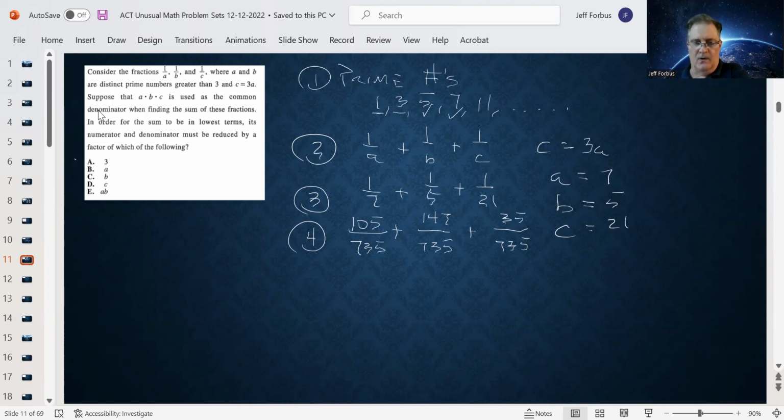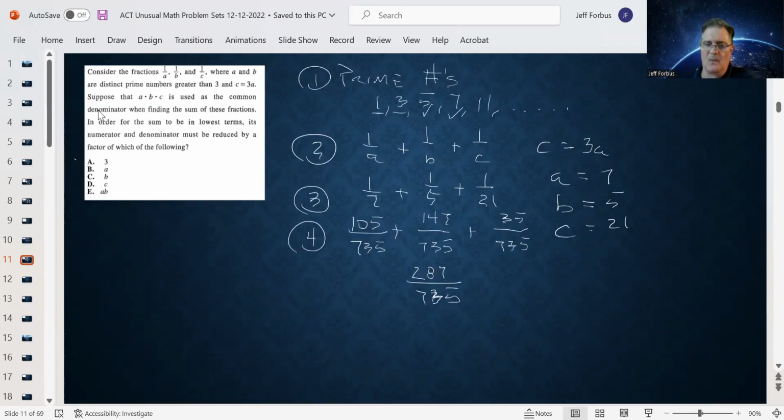Now you can total all this up. And when you total all this up, you come to a total of 287. Yeah, you guessed it, I already have this written down. Over 735.